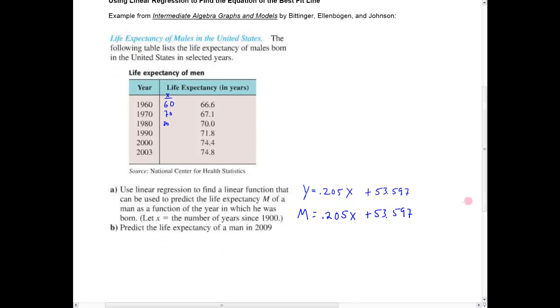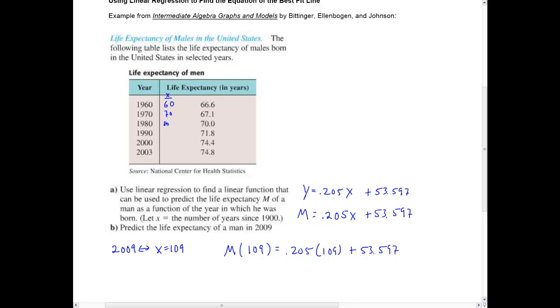For part B, if this continued to 2009, that corresponds to an x value of 109 years since our 0 point, which was 1900. So m of 109 would be 0.205 times 109 plus 53.597.